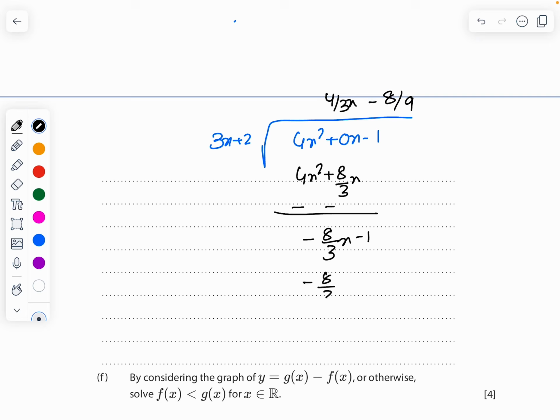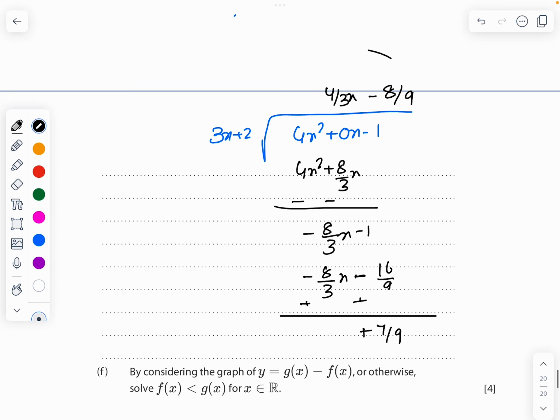So minus 8 upon 3x, then minus 16 upon 9. When I simplify that, it becomes minus 8 upon 9 minus 16 upon 9, it becomes 7 upon 9, minus 7 upon 9 plus 7 upon 9.